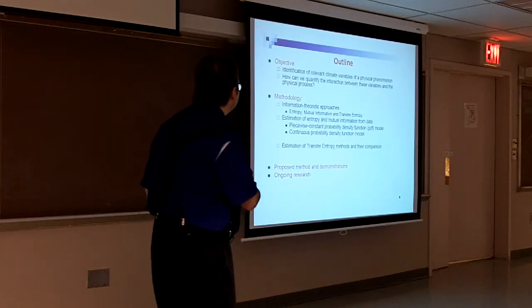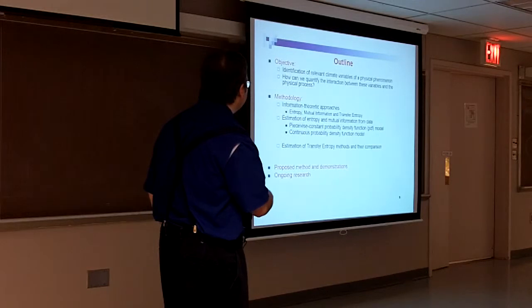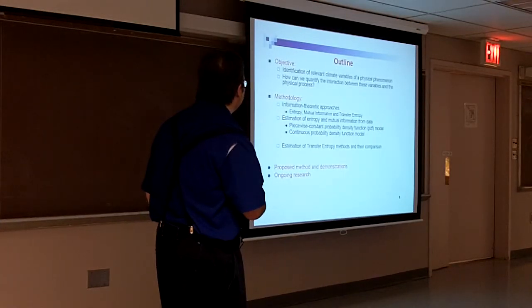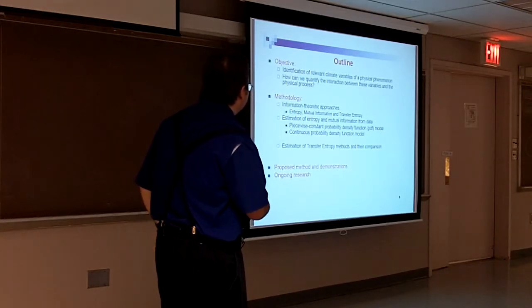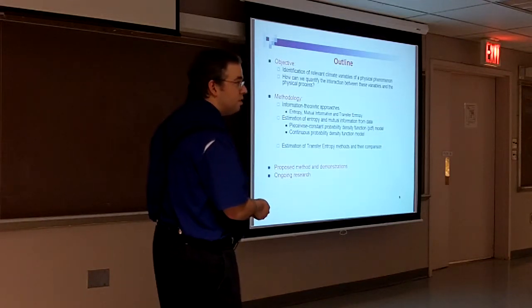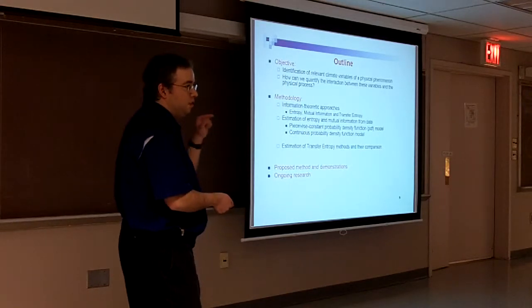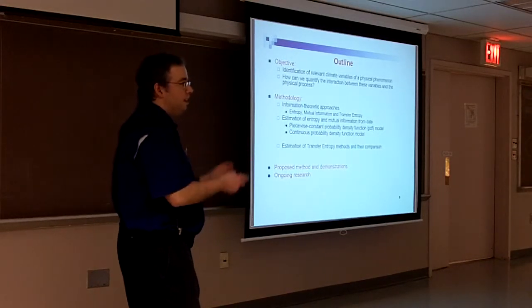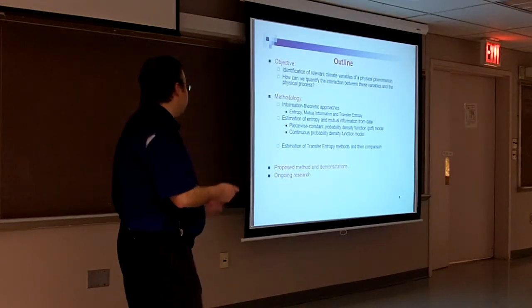So the outline is, as I said, which of these variables are relevant, and then I'll go to the methodology quickly. I'll give you a brief recapitulation of what entropy and mutual information are, and then I'll introduce a new thing called transfer entropy, which helps us to determine this directionality information in addition to the relationship information.